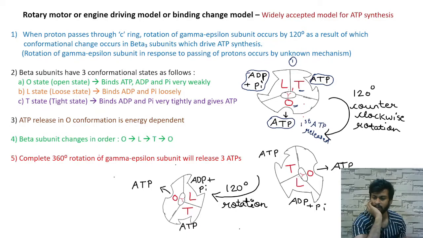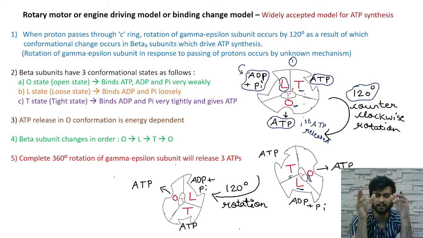Now if we rotate it 120 degrees in the counterclockwise way, this L will be over here, T will shift to the right side, and O will go up. Previously there was ADP and IP, but this L, a loose state, has changed conformation due to rotation and it has changed to T state.